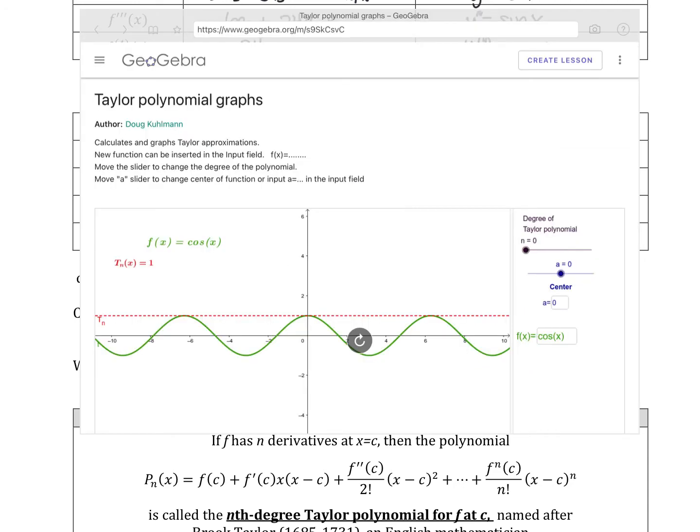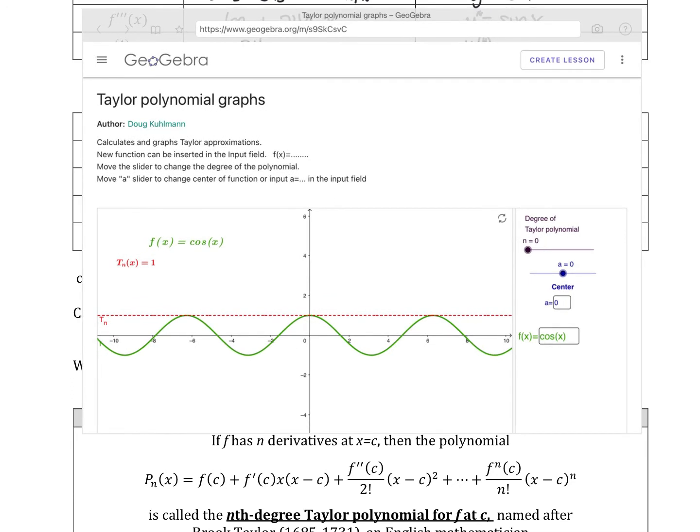I would like to show you a visualization of a Taylor polynomial and how, as we start going, this will approximate the graph more and more. So here's what this looks like. We have this graph, f of x equals the cosine of x. And as we go through this, let's go a little bit slower. There was the first one when we were doing just the basic tangent line approximation.